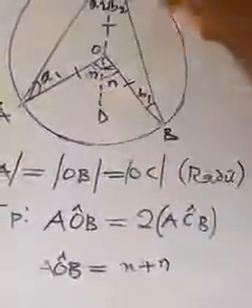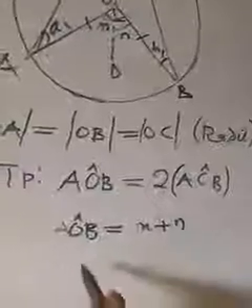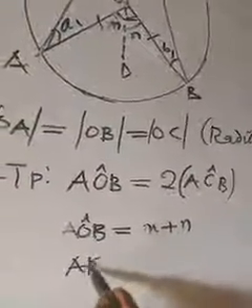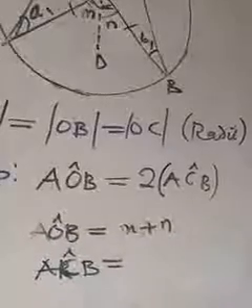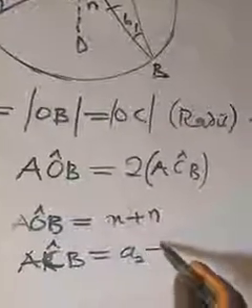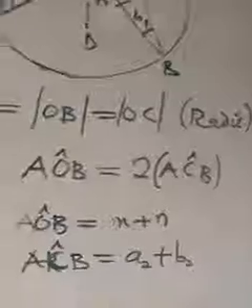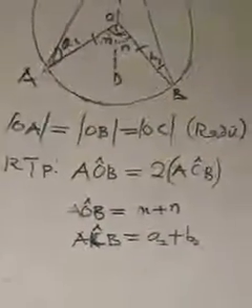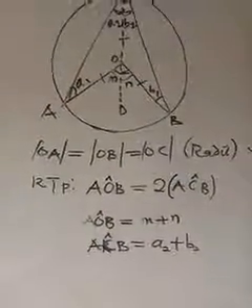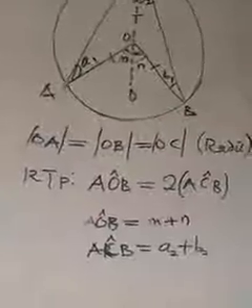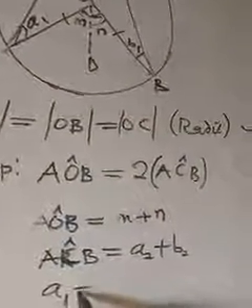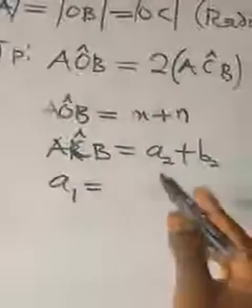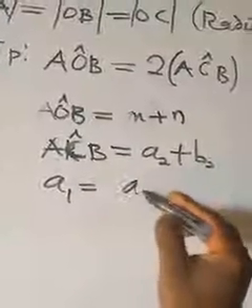Likewise, this angle ACB is equal to A2 plus B2. Now looking at this, A1 is equal to A2.